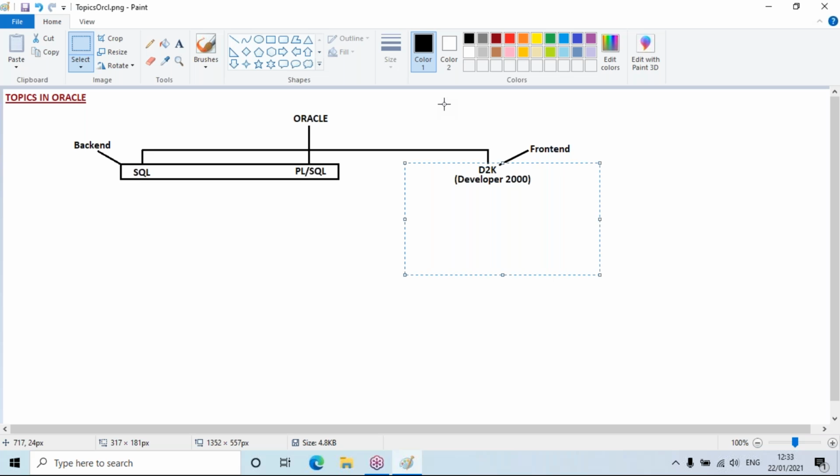Whatever facilities Java provides in front end, those many facilities are not found in D2K. And whatever facilities Microsoft .NET provides as front end, those many Developer 2000 will not provide. But still, some companies use D2K as their front end. Very few.